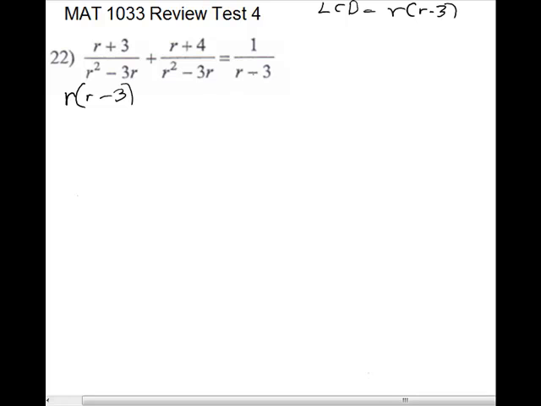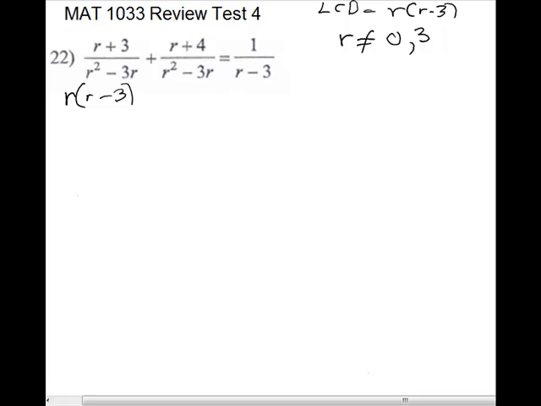Also, because you have variables in the denominator, you have to see when any denominator would be 0. So you have to throw out those values. So r cannot be 0, from this r that's by itself. And from the other piece, it cannot be 3. If we just set r minus 3 equal to 0, we can solve. So r cannot be 3. And then we will check that at the end.